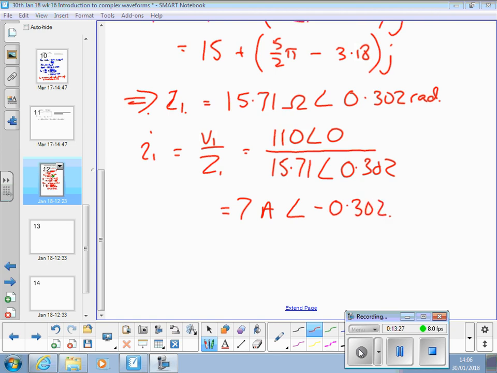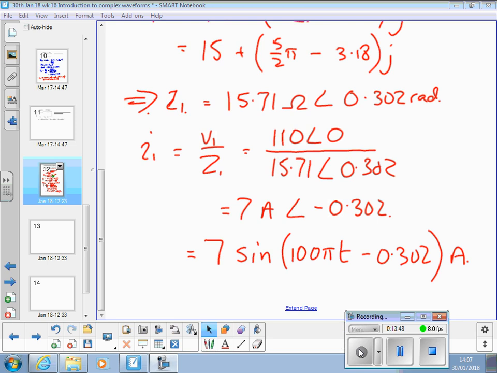So the first component of our current is 7 sine, oh, the amps don't go in there, 7 sine 100 pi t minus 0.302 amps. So that's the first part.